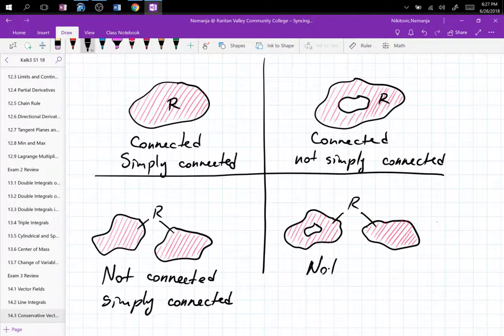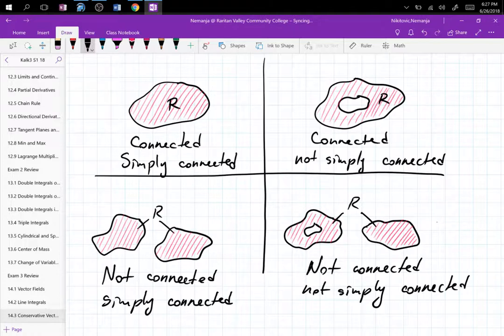And not connected, not simply connected. So this business of simply connected is clearly related to whether it has a hole or not. And simply connected means, can you draw a straight line? Not a straight line, any line. And every line that starts in a shape has to stay in the shape without crossing the opening.